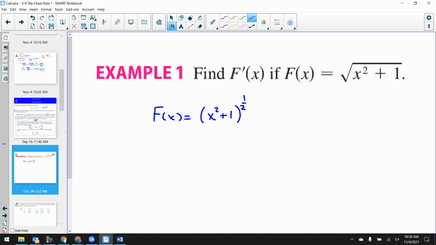So what is this saying now? The innermost function is g. And the outer function, this piece, is f.